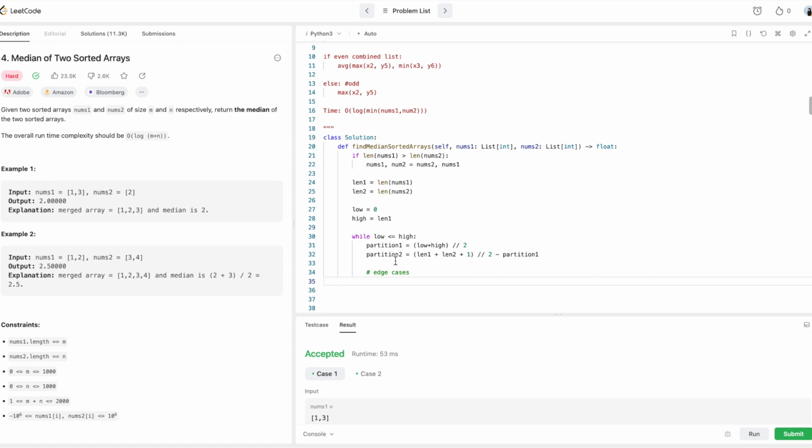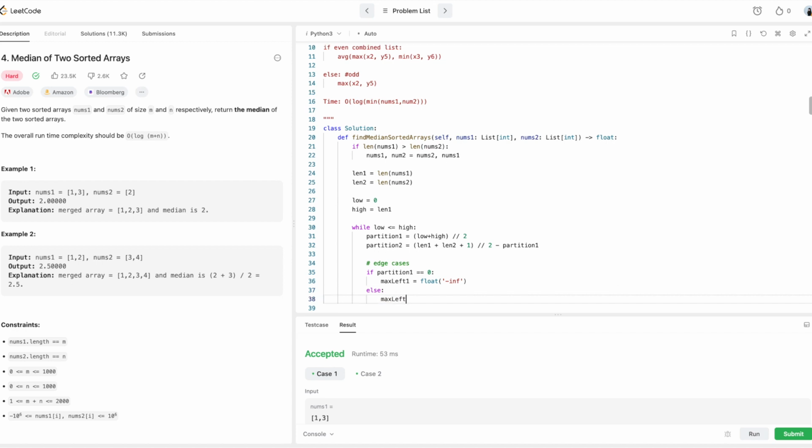We don't want our partitions to go out of bound of nums1 or nums2, so we'll do: if partition 1 is equal to 0, then there's nothing on the left side, right? So max left 1 equals float negative infinity. Else, max left 1 equals nums1 partition 1 minus 1.